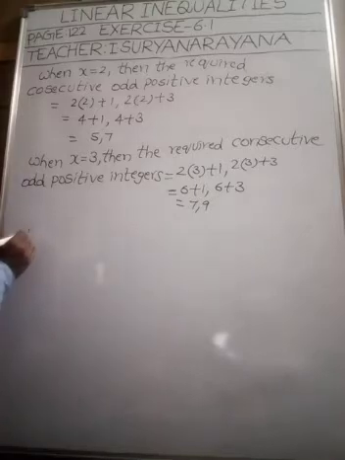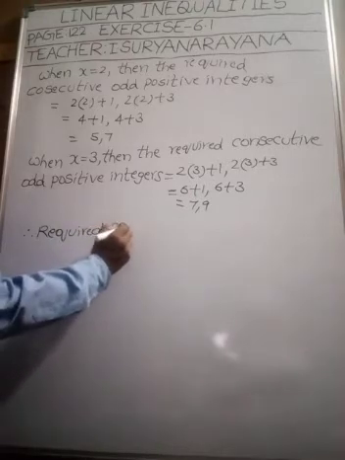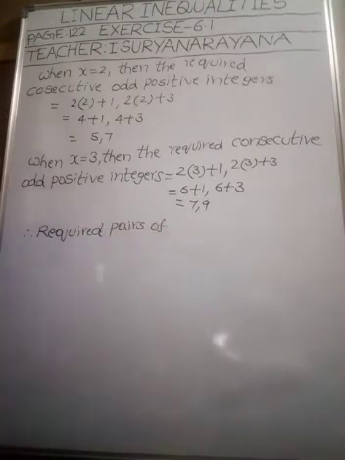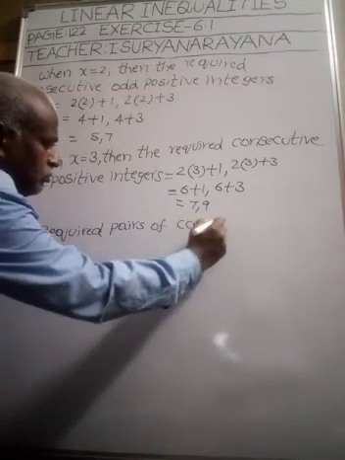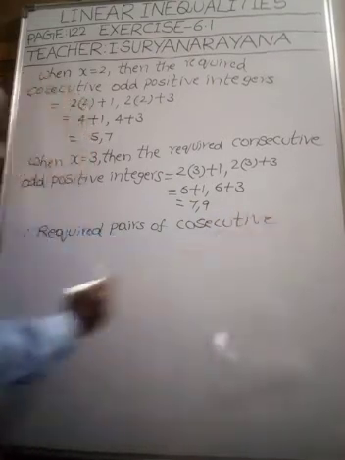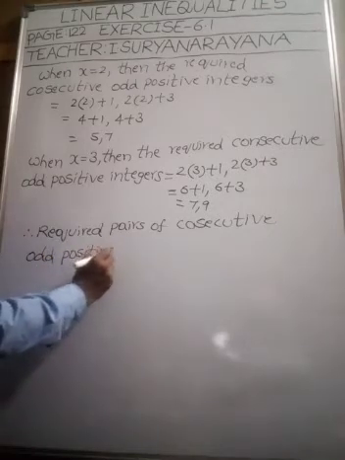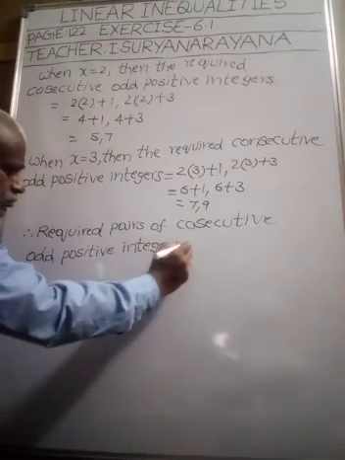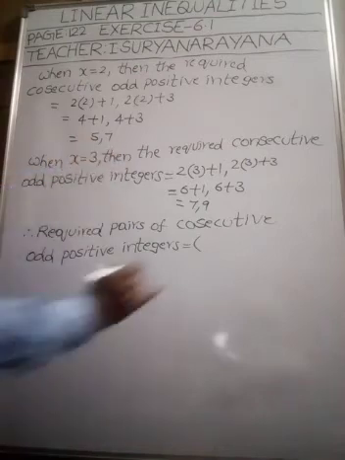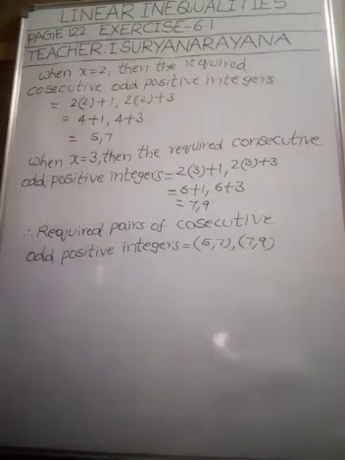Therefore the required pairs of consecutive odd positive integers is equal to 5 comma 7 and another pair is 7 comma 9. Okay, my children, understood? Right.